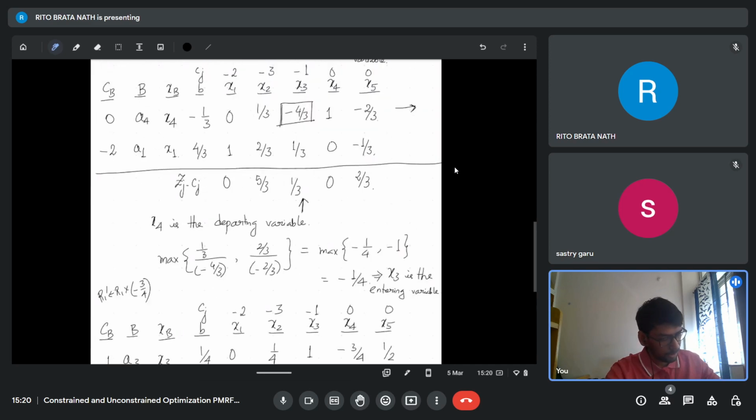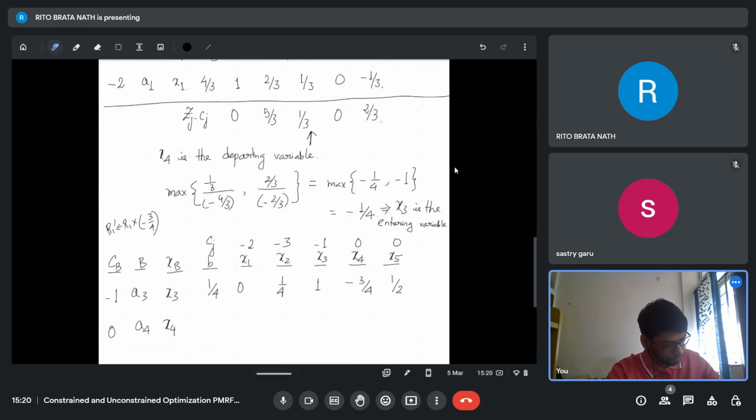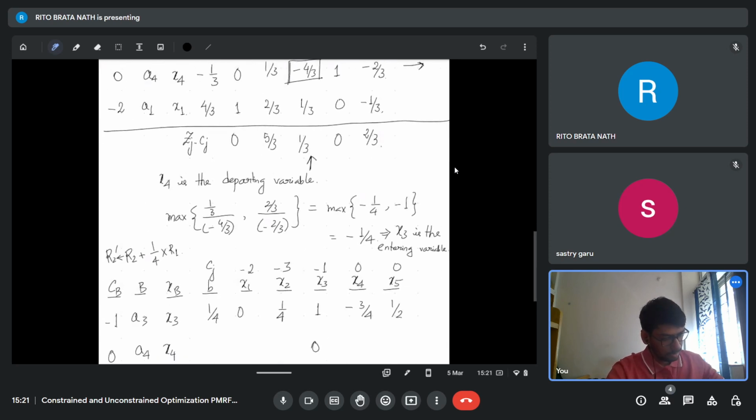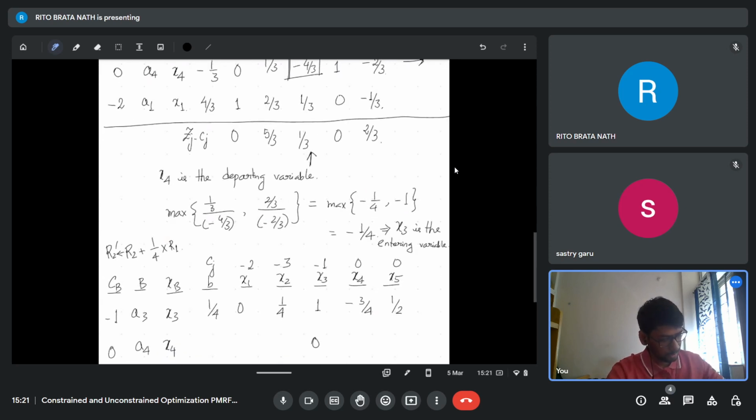And now you have to make this element 0. So for that, the transformation would be R2 prime, which is 1/3, whatever you had, plus 1/4 times R1. So this will make it 0. Now the first one will be 4/3 plus 1/4 times minus 1/3.